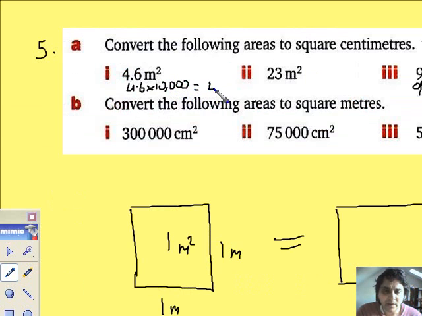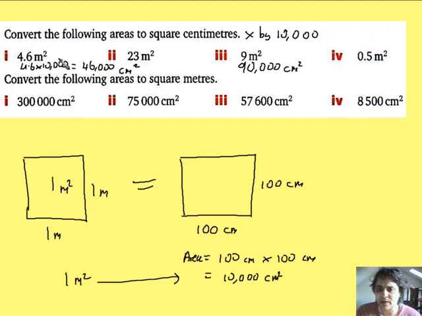That will give us 46,000 centimetres squared. What else have I got here? This one's going to be 0.5 times 10,000, and that's going to be 5,000 centimetres squared. Is that okay?